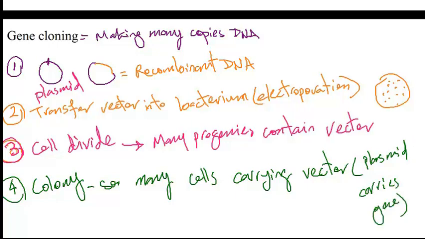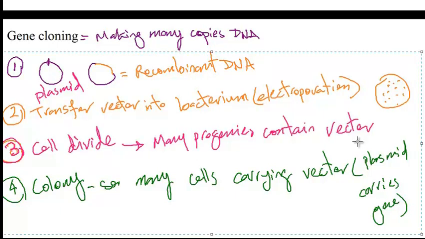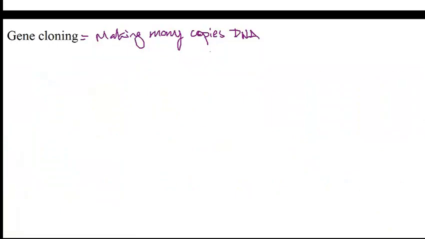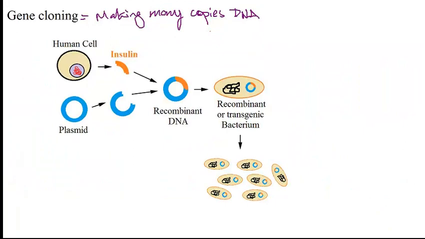And so here I've created a drawing for you to summarize all these steps. You can see that here we have the human cell. Let's say that in this instance we want to make more insulin protein. So what we do is that we isolate the human DNA and cut the insulin gene with restriction enzymes that are flanking the gene, and I'll go over the function of restriction enzymes later in this lecture.